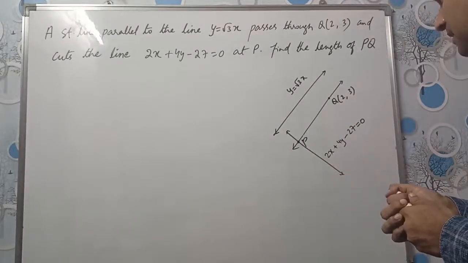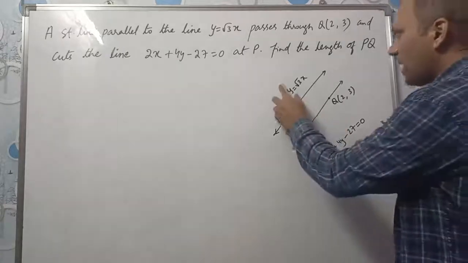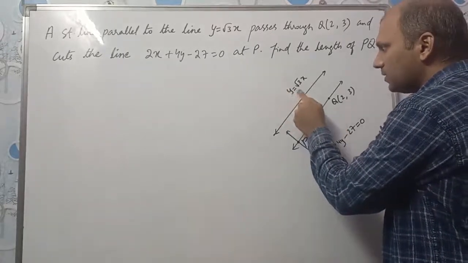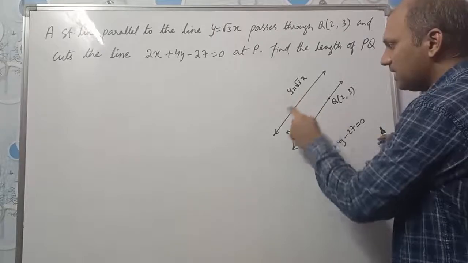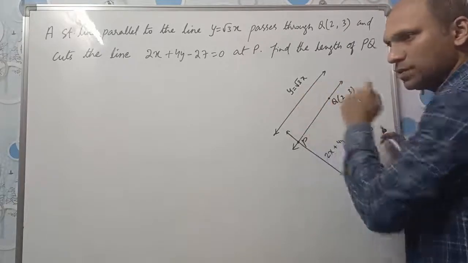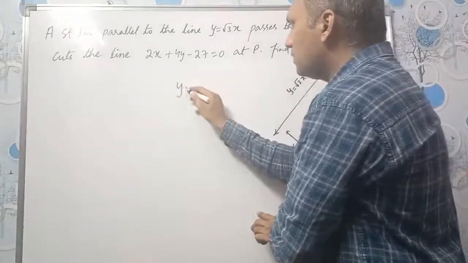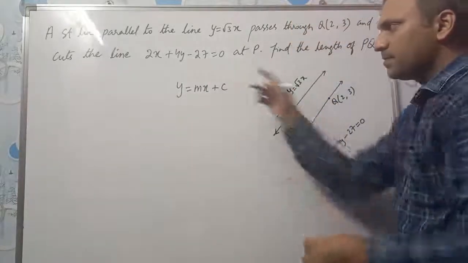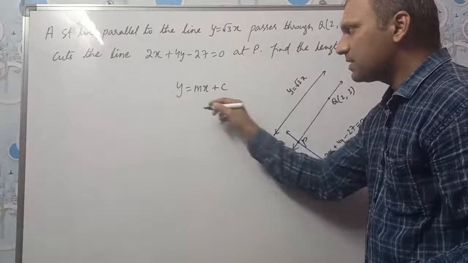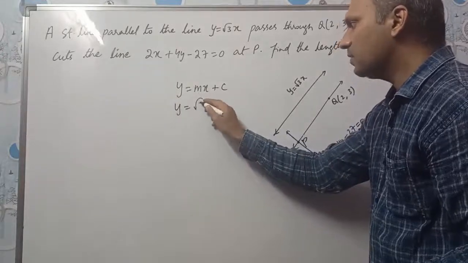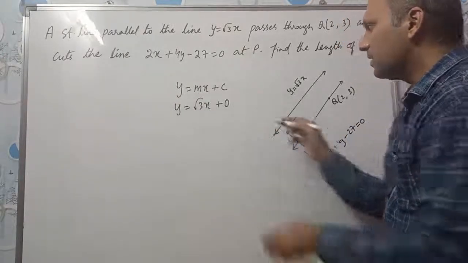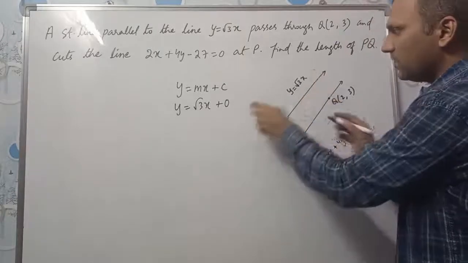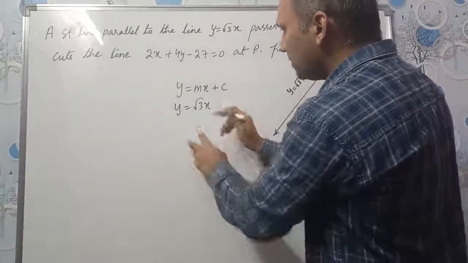Now see, y is equal to root 3x. What is the slope of this line? It is root 3. See, we know y is equal to mx plus c. This is the slope intercept form and we have y is equal to root 3x plus c, where the c value is 0 here. Which means what is the value of m? m is root 3.